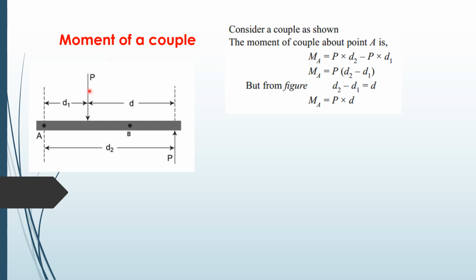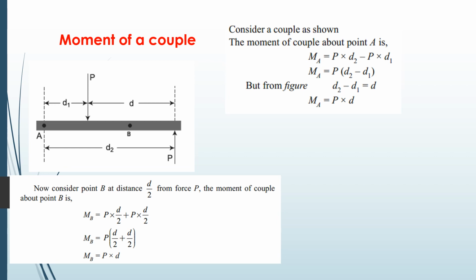Then the clockwise moment is P into d1, that's minus P into d1. So MA will be P into (d2 minus d1). From this figure we know d2 minus d1 is nothing but d. So MA will be P times d.